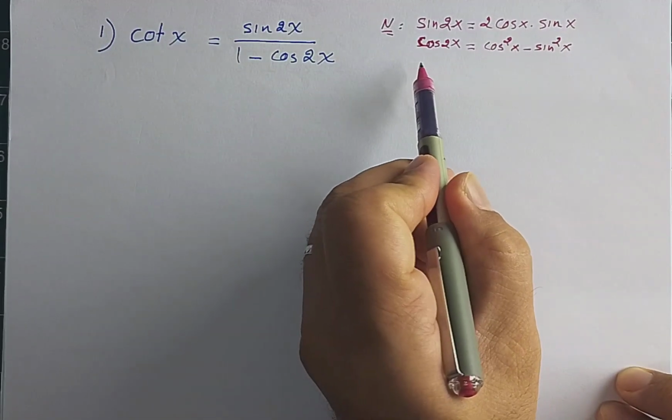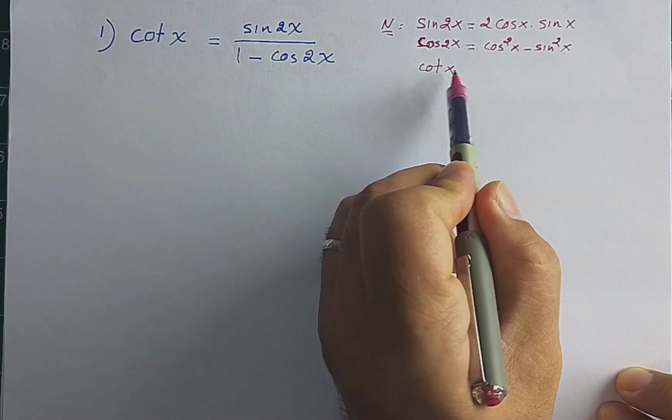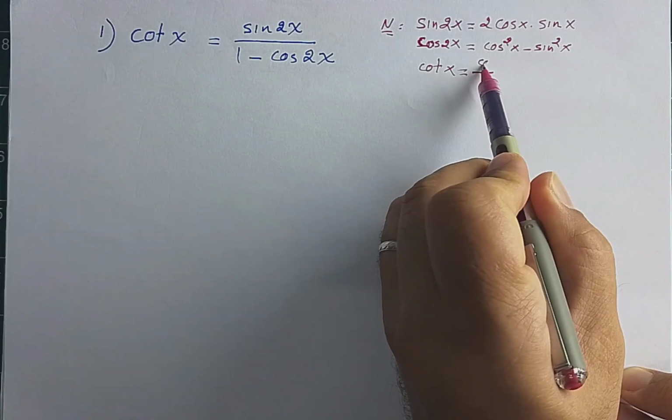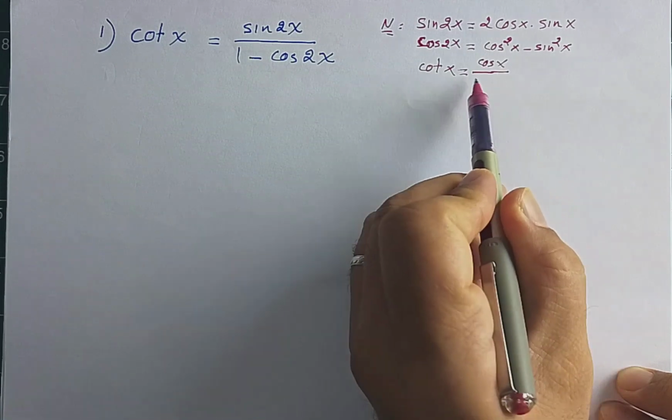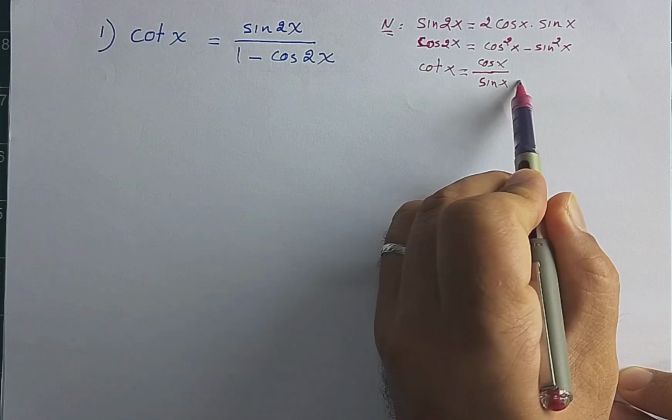And the last one is cot x equal cosine x out of sine x.